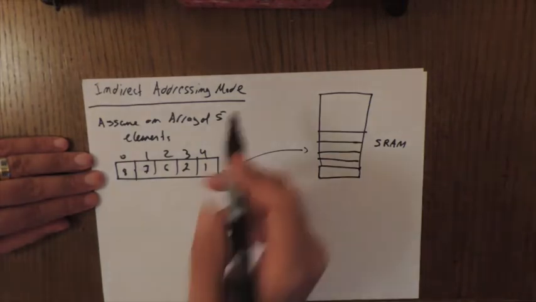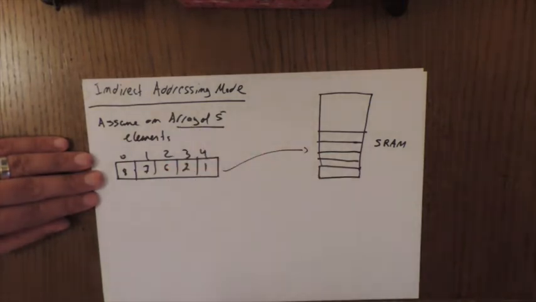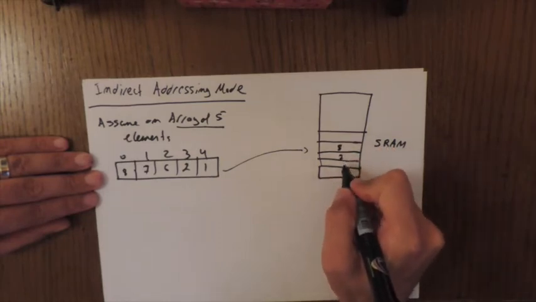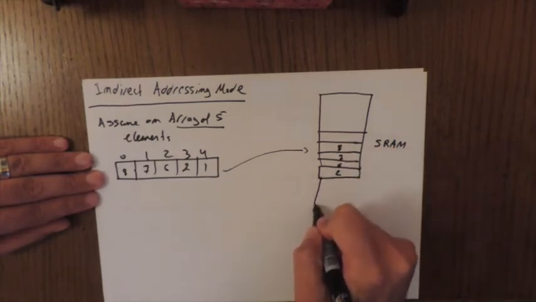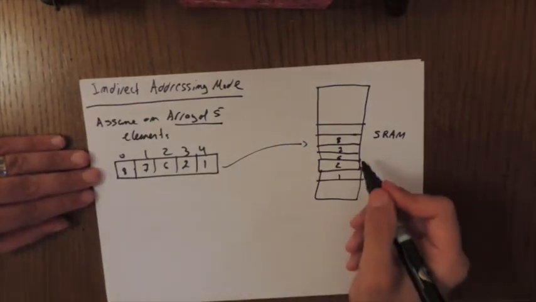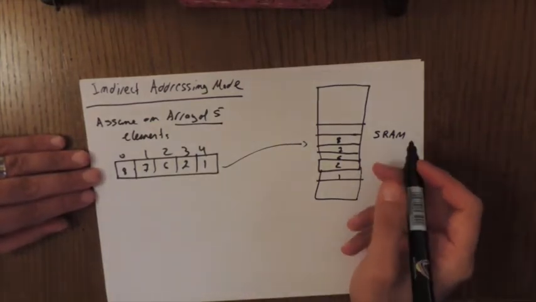So first we're going to take the example of having just 5 elements. So here we want something like this. So how can we have arrays inside the SRAM?